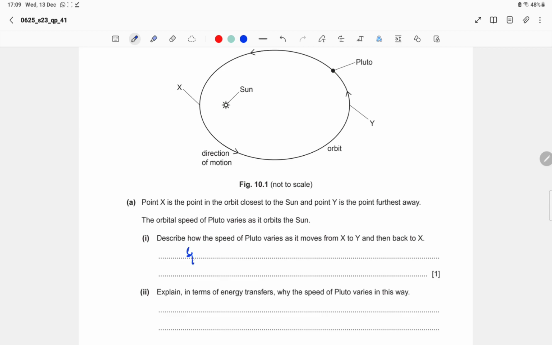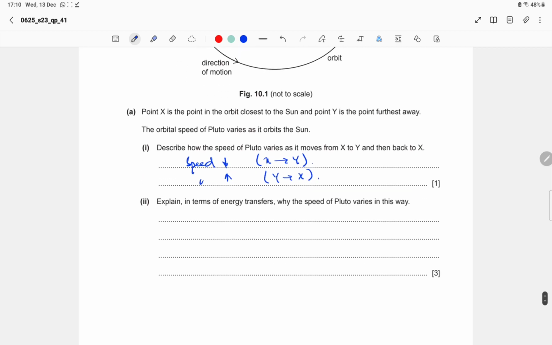So obviously the speed is going to decrease when it's moving from X to Y, and speed is going to increase when it's moving from Y to X. Okay, explain in terms of energy transfer why the speed of Pluto varies in this way. Because of the gravitational potential energy that is being converted into kinetic energy, and vice versa.